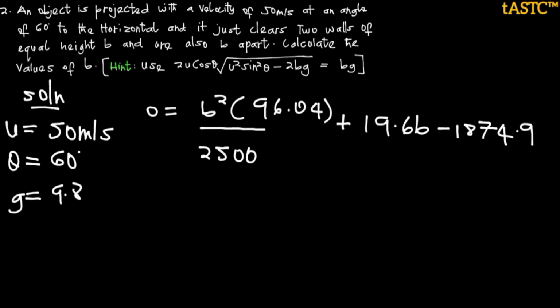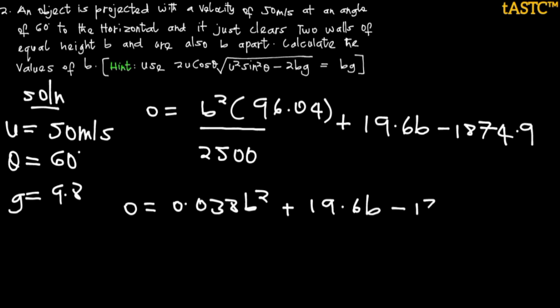Now from here, we're going to have a real quadratic expression that will be 0.038b squared, plus 19.6b, and that will be minus 1874.9. So we need to find b.